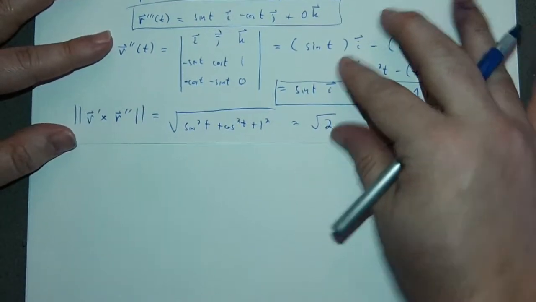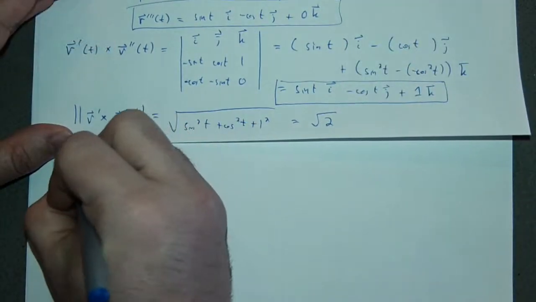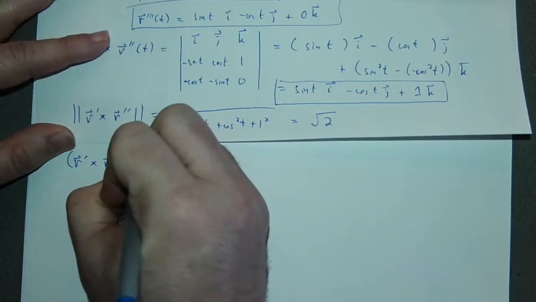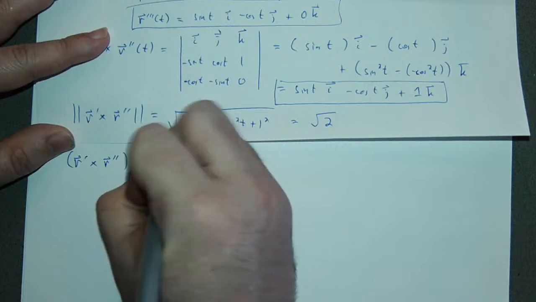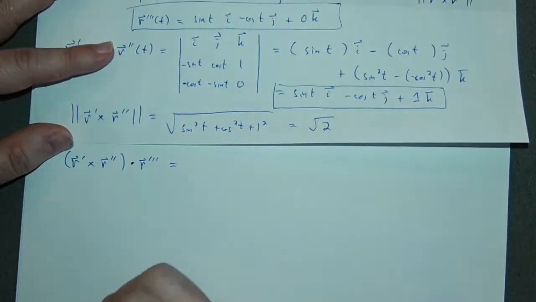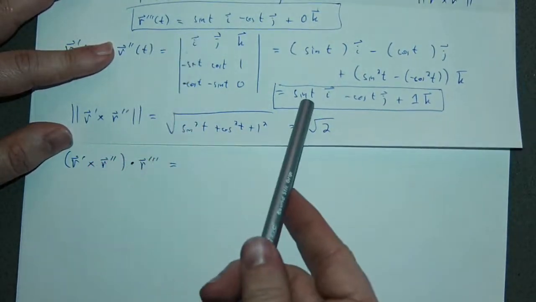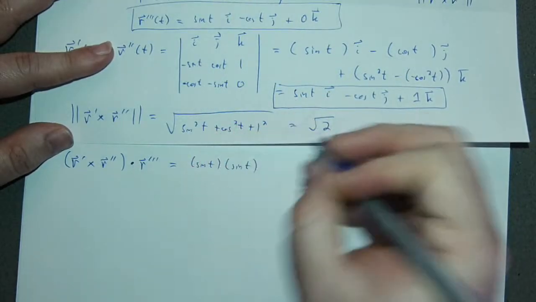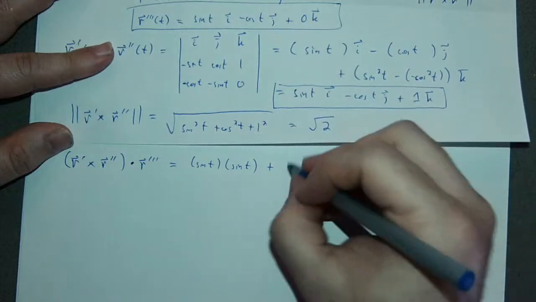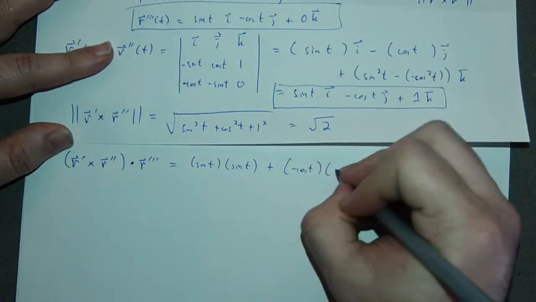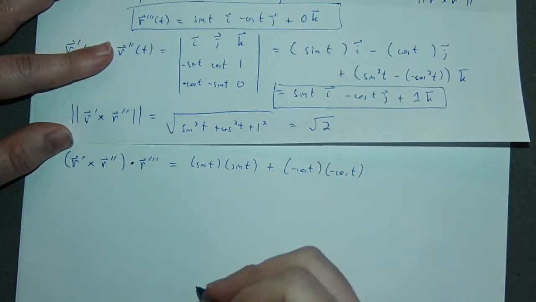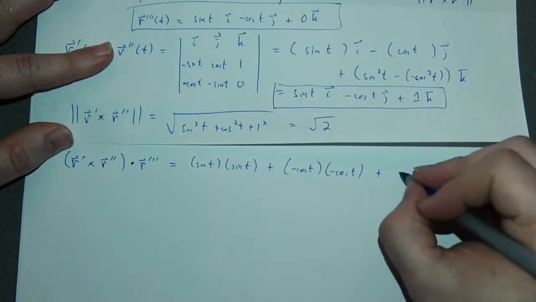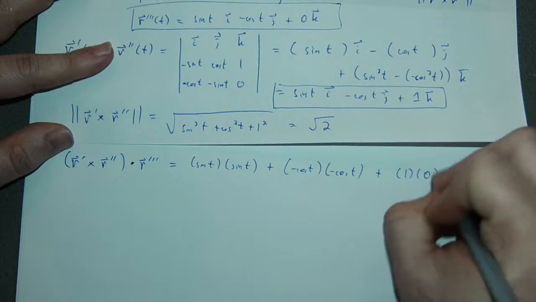And so r prime cross r double prime dotted with r triple prime is, so this is sine t times sine t plus minus cosine t times minus cosine t plus 0 times 1, or 1 times 0, however you want to write that.